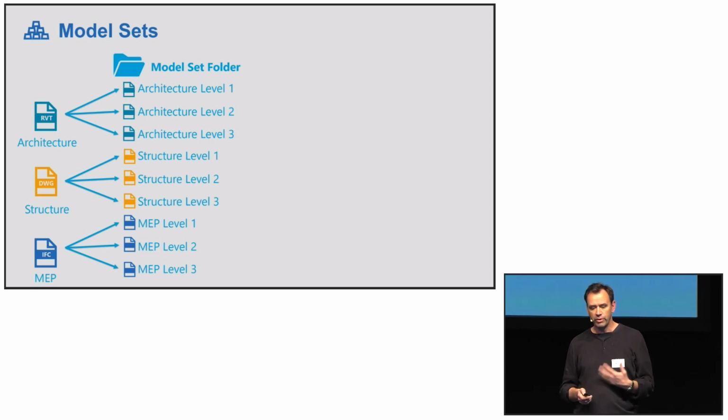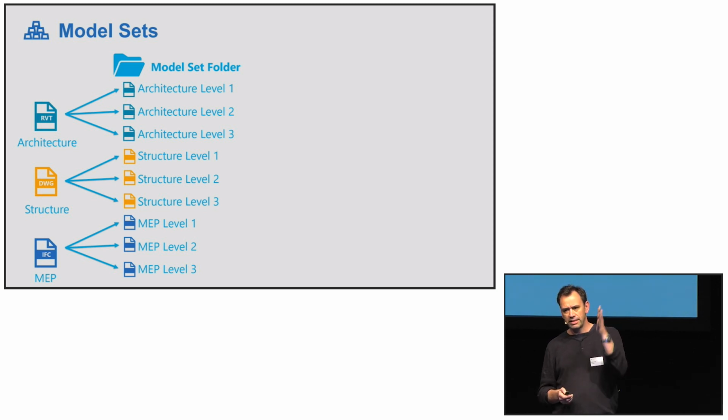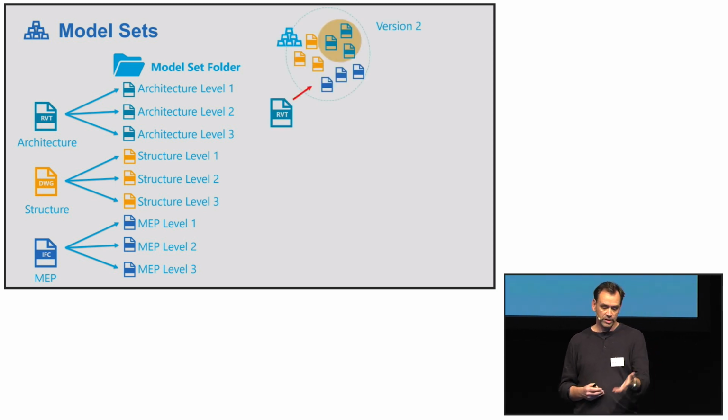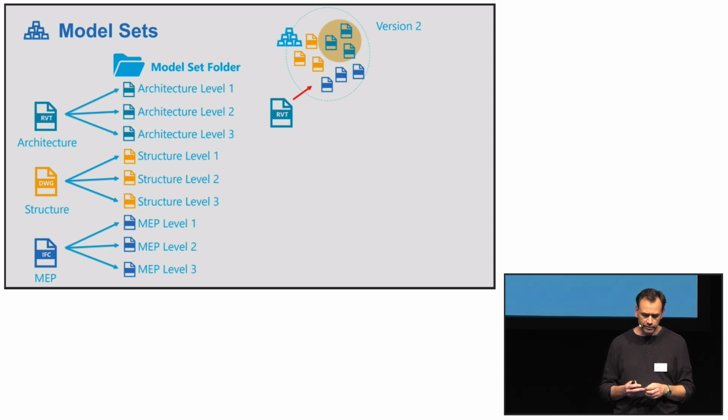And that's what we do. We create what's called a model set, and then the model set is sampled at points in time, typically any time anybody updates a version of their design file. So consider this project where you've got some architectural files, some structural files, and some MEP files, all coordinated in a model set folder.